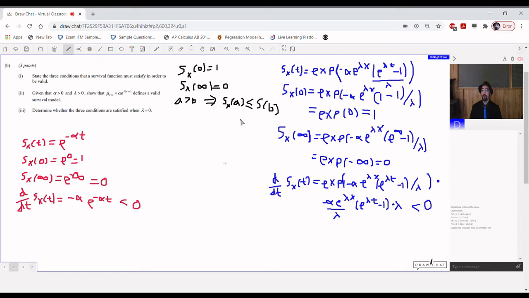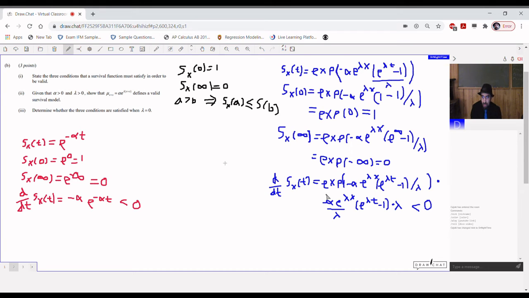If you wanted to do it more formally without pointing to monotonic increasing versus monotonic decreasing, just take the derivative. Make sure you differentiate with respect to t, not with respect to x. You're changing the time at which you're seeing how many people survive, not the age at which you assume people start.